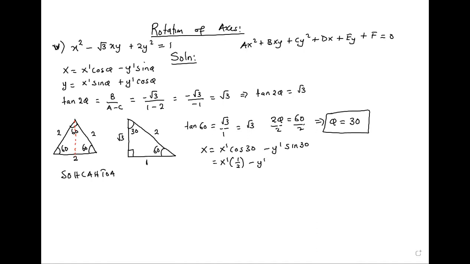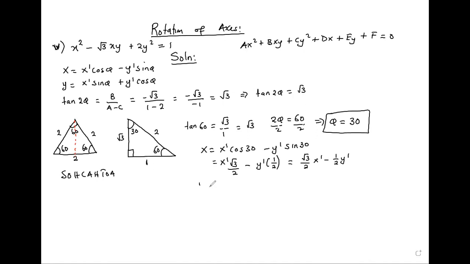There's a mistake here. Cos 30 is adjacent over hypotenuse, so the adjacent will be √3 over hypotenuse 2. Then minus y prime sin 30 is opposite over hypotenuse. So this can be written as √3 over 2 x prime minus half y prime.